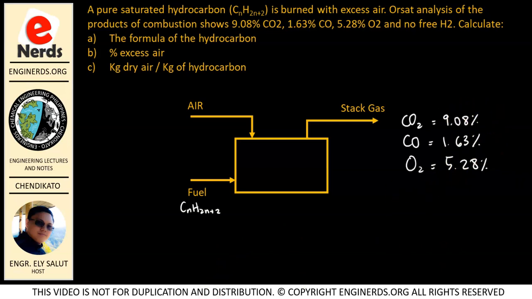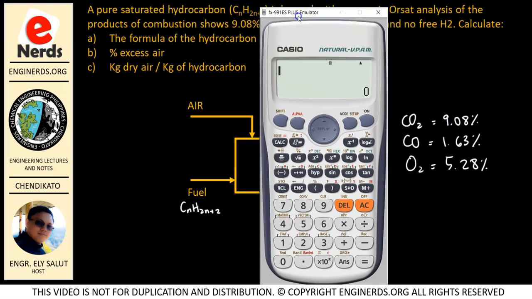If we're going to check this, let's use our calculator. We have 9.08 plus 1.63 plus 5.28, so we have 15.99. That means the rest is nitrogen, N2.